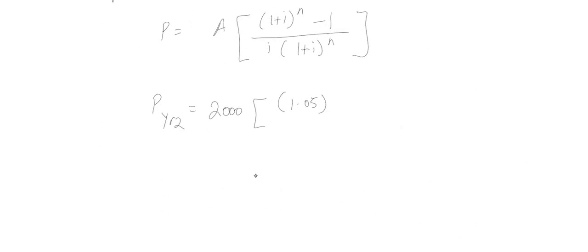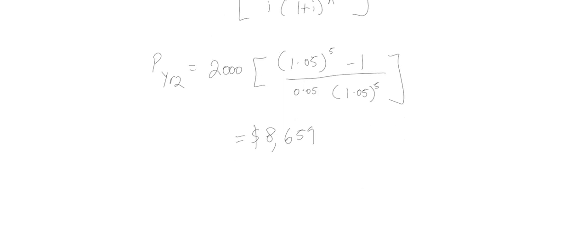So n is going to be equal to 5, minus 0.05, 1.05 to the power of 5, and then close the big bracket. What we've got is equal to 8659. If you plug this into the calculator, you should get 8659.